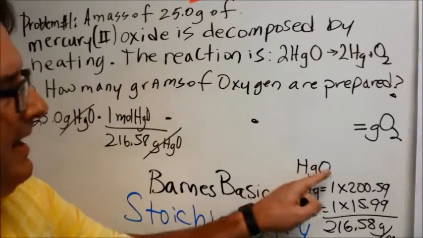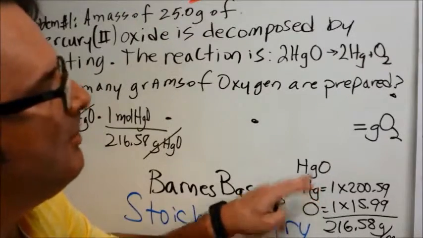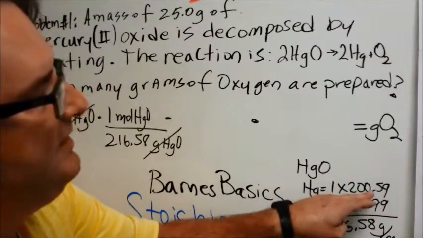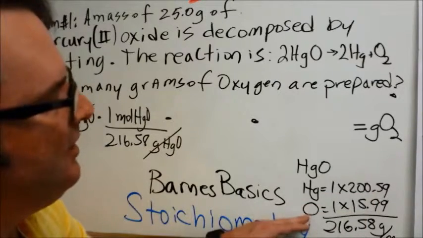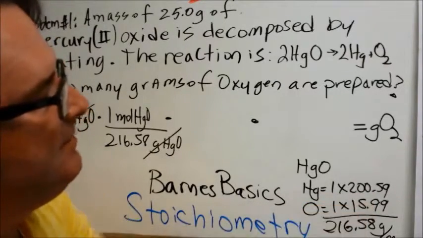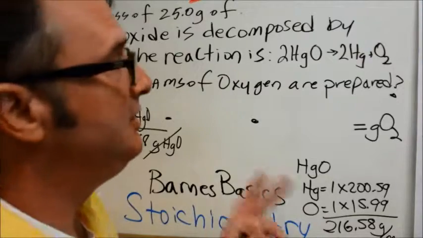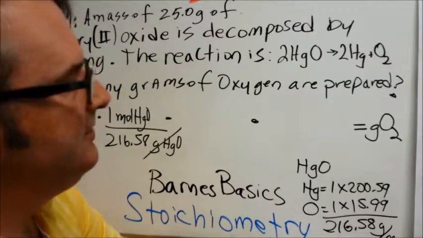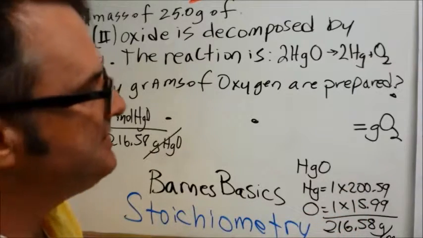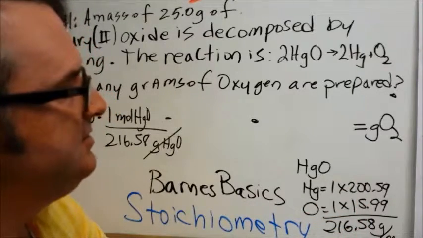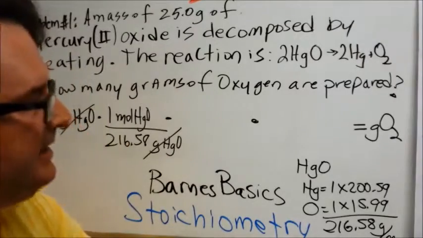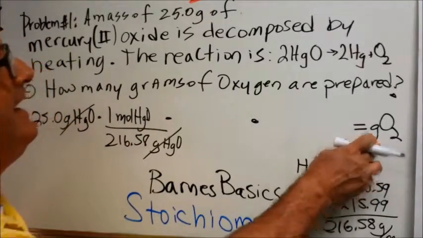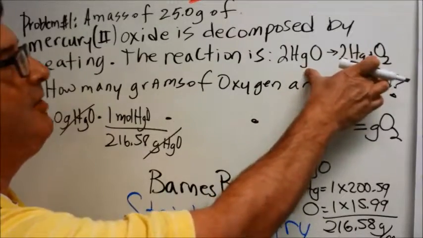Because when we look at mercury oxide, or moles, that's a better way to say it, 1 mole of mercury is 200.59 grams. 1 mole of oxygen is 15.99. I looked at the periodic chart. I added these two together with my TI-83. 200.59 plus 15.99 is 216.58 grams per mole.